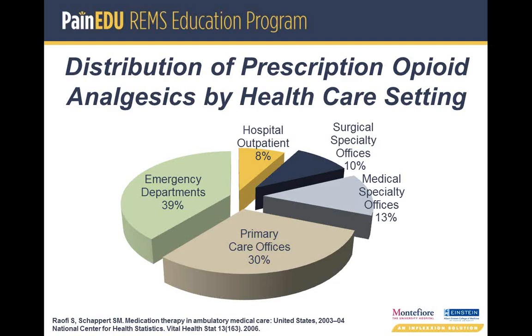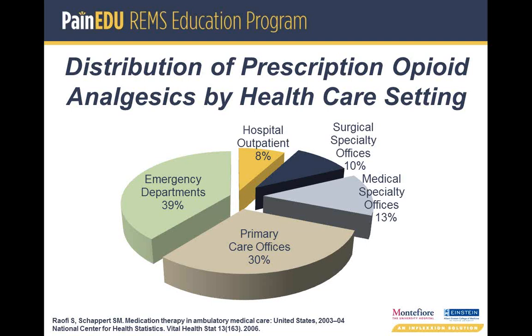So this slide is one that we internally focus on a great deal here at PainEDU, and it takes a look at in what settings prescription opioids are prescribed, and there are a lot of misconceptions about that.